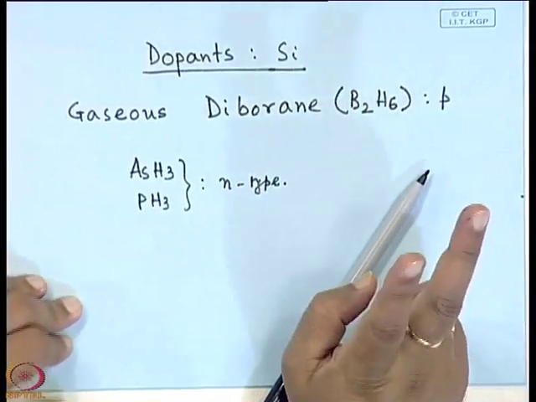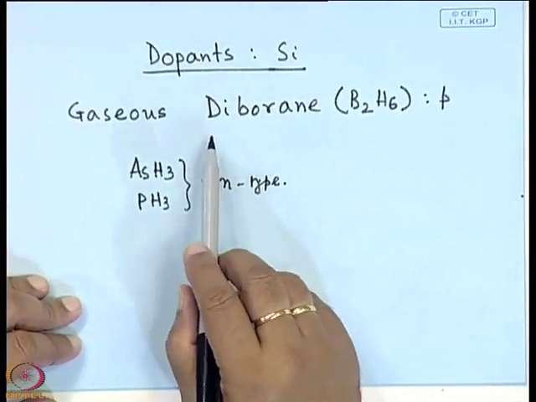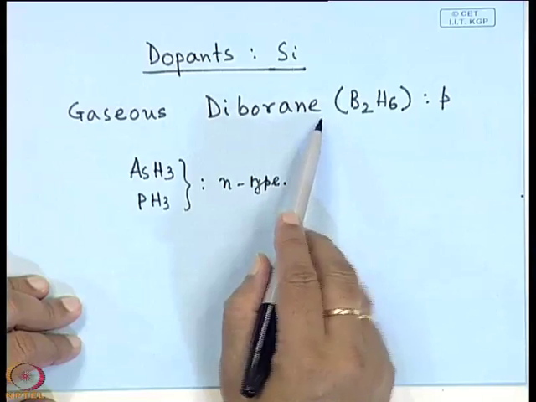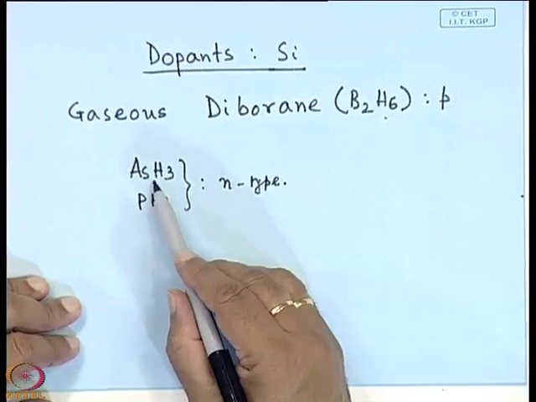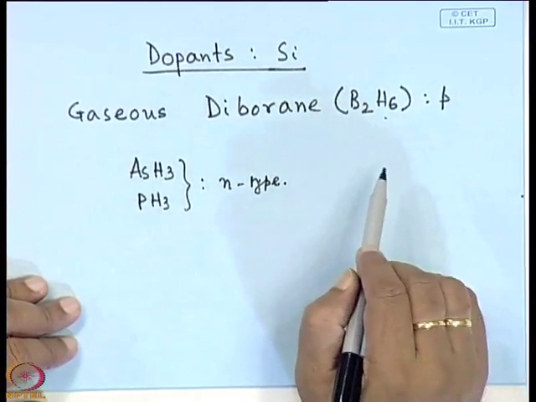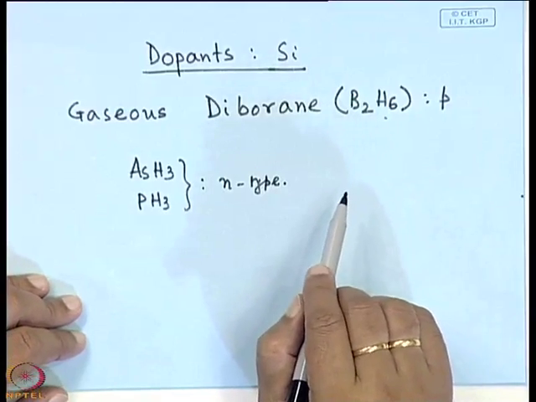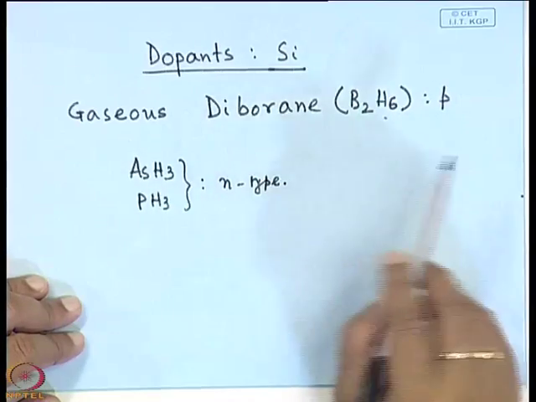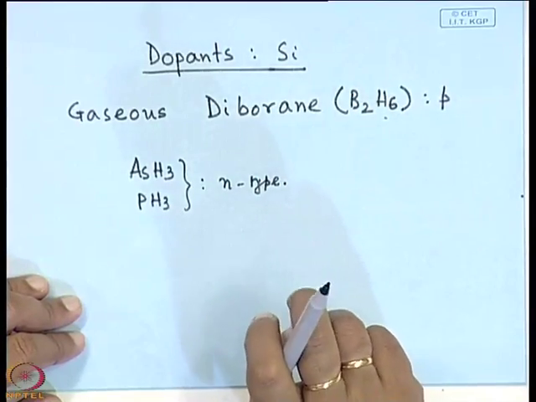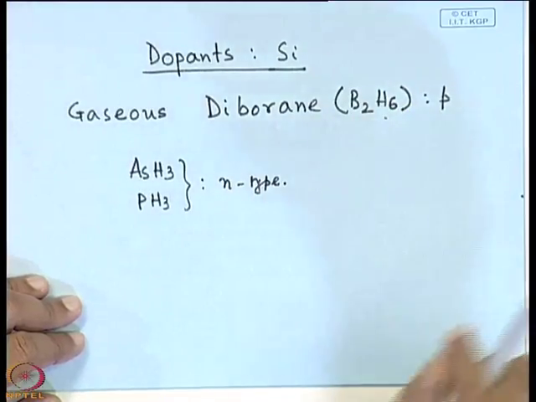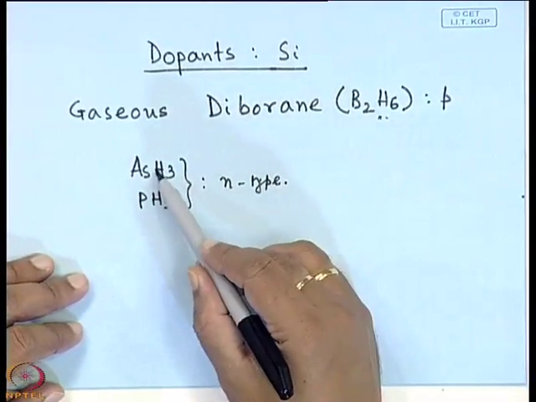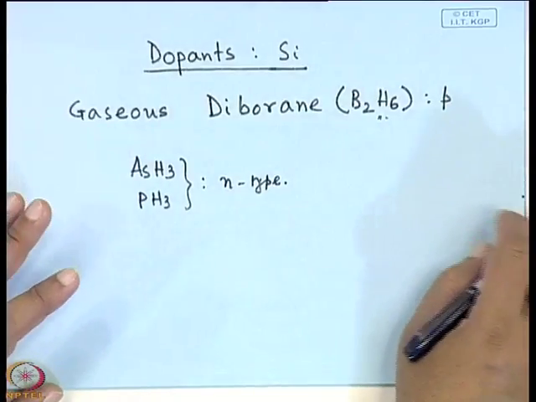Okay. So, you can use two types of dopants. One is the gaseous diborane B2H6 for p type, and AsH3, PH3 for n type. But here one point you must remember, that this is diluted. What is dilution, how is the dilution made, and why dilution? When I talk about this diborane or arsine or phosphine, I have used the term dilute this material. Which material? This B2H6 or AsH3 or PH3. Why?